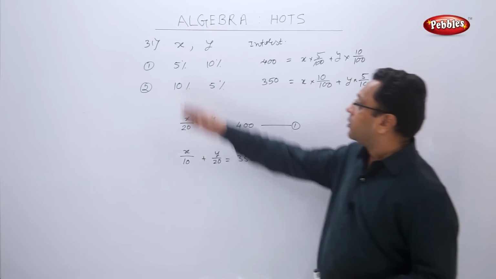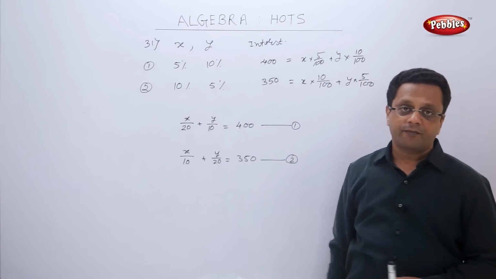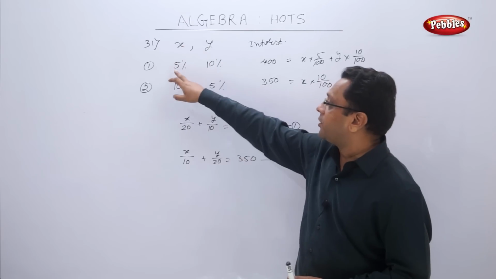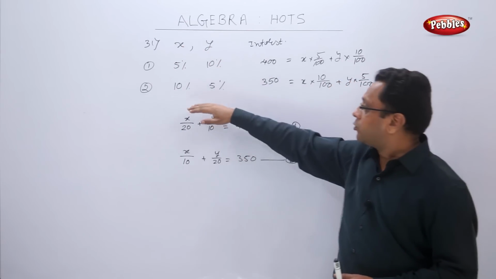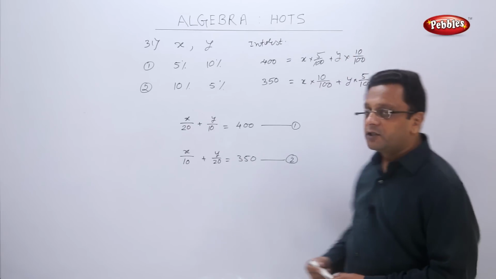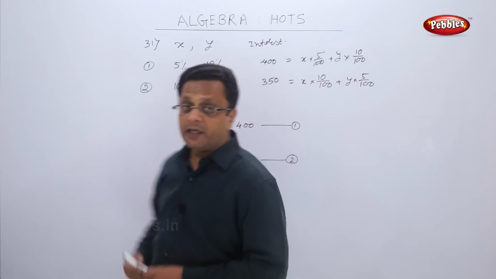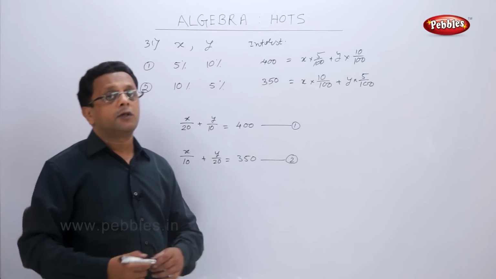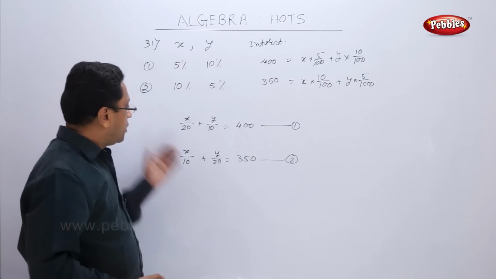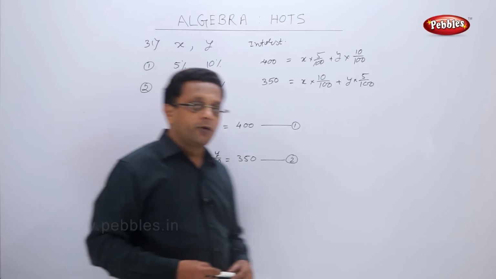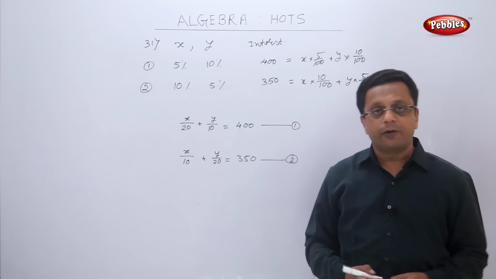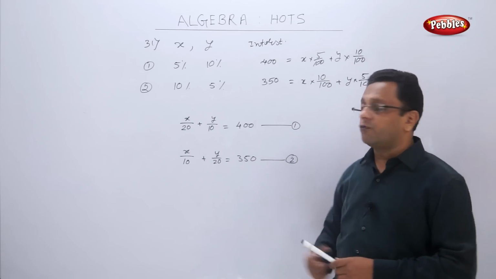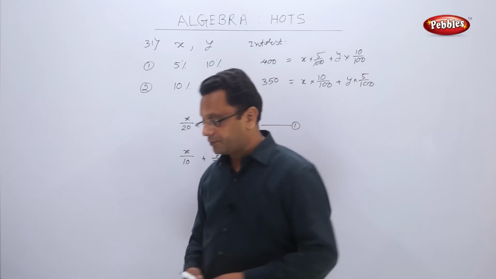Similarly, now here deposits were x and y. In the first case the interest rate on x was 5%, here 10%. If you write this in proper tabular form, it will be easy for you to solve. Now you have to just solve these two equations and find the values of x and y. So please pause your video here and solve this.